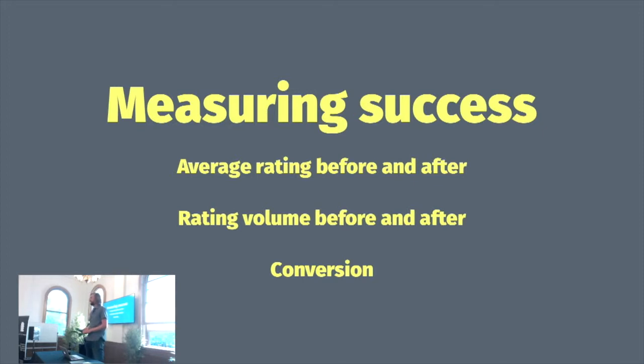One of the objectives might be to get more ratings, because more high quality ratings is better than fewer high quality ratings. And thirdly, we might want to look at conversion. From the users that you identified to ask for a rating, how many of those actually result in a rating on the App Store?